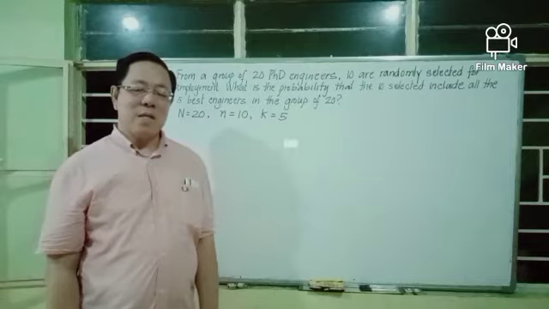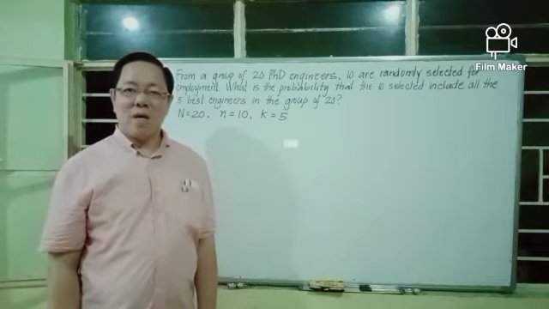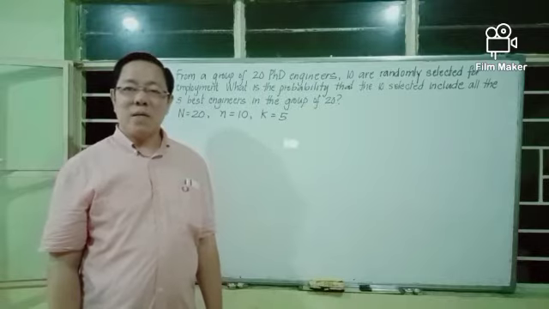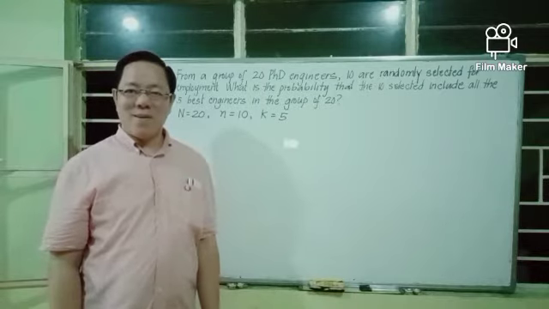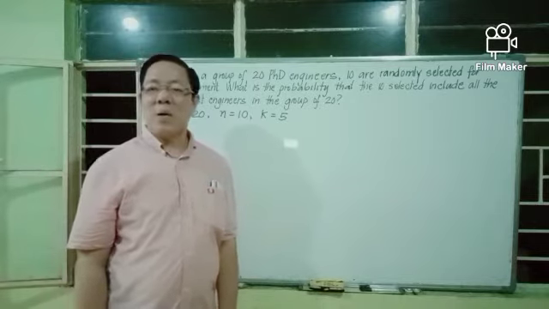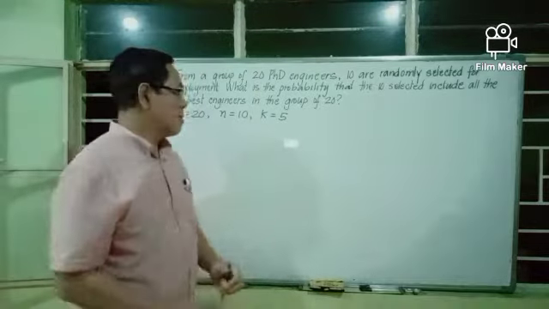And in this particular example, x is equal to 5. That means all the 5 best engineers are included in the sample of 10 randomly selected engineers from 20 engineers.